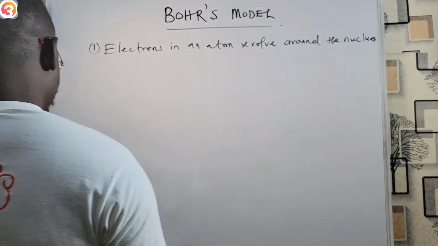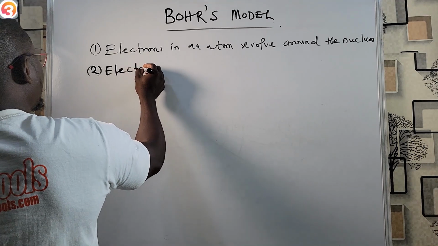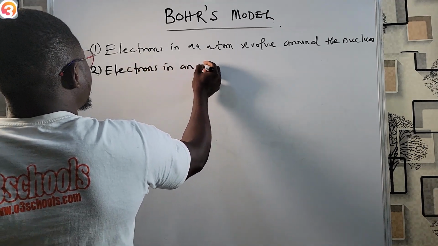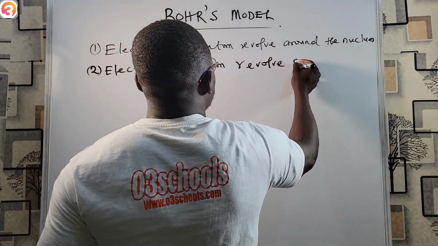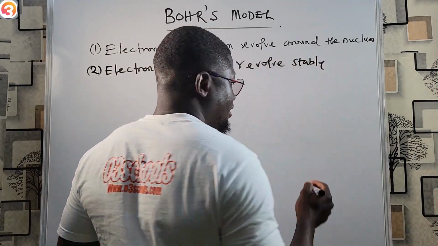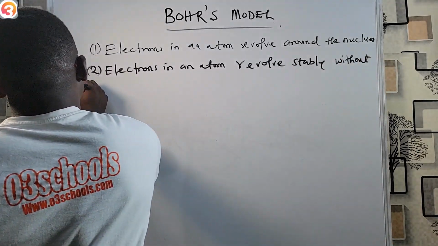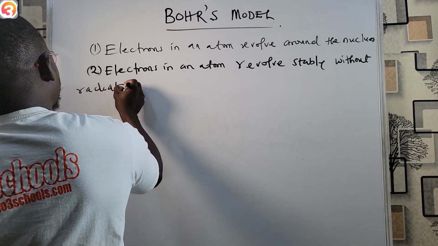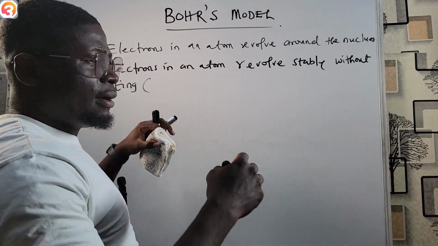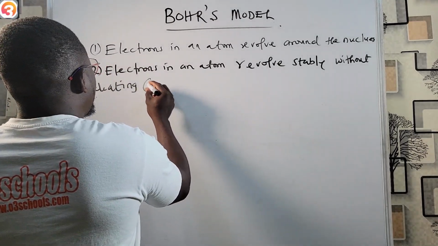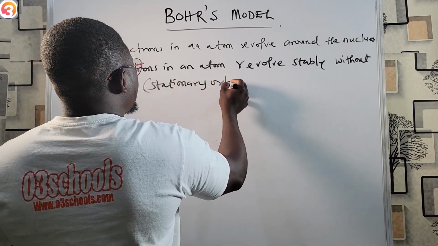Number two, that electrons in an atom revolve stably without radiating. This is what Niels Bohr calls a stationary orbit.